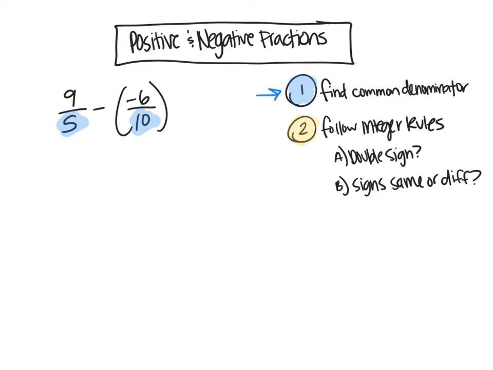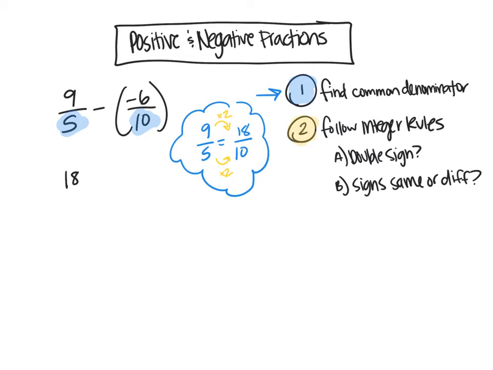So I take the 9/5 and convert it to tenths. And since 5 goes into 10 twice, 9 times 2 gives me 18. I end up with 18 tenths. I rewrite my problem with the new fraction substituted in, the 18 tenths minus -6 tenths.